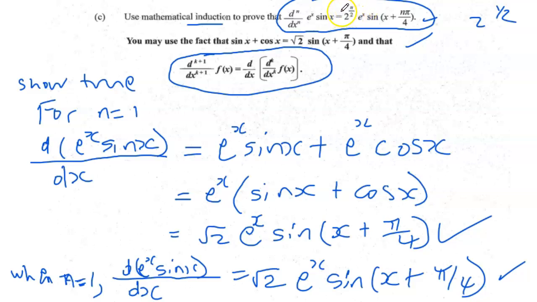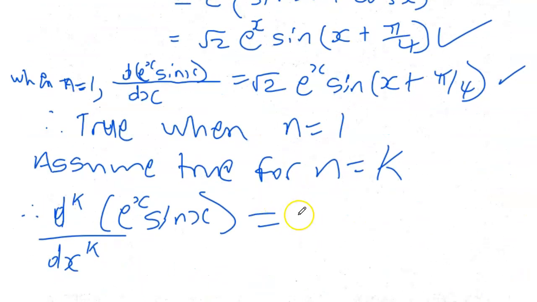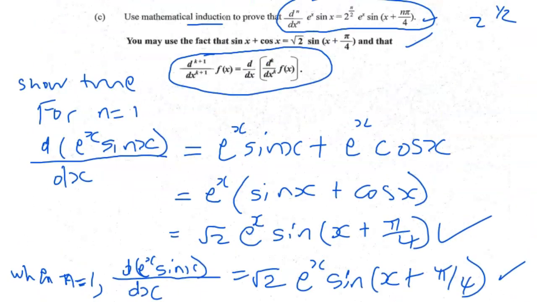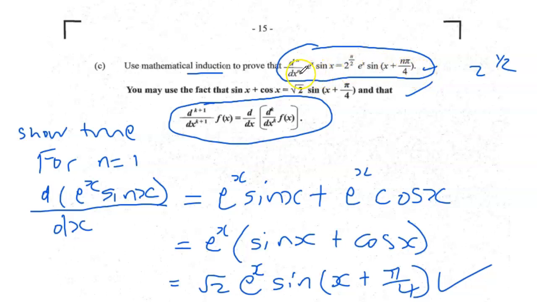So 2 to the power of k over 2, e to the x sine x plus k times pi over 4. So all we did is rewrite the formula replacing n with k.